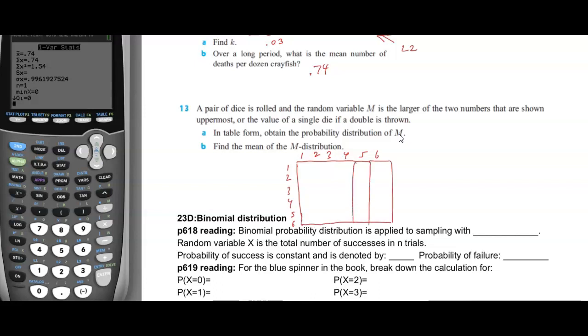Okay, so basically the high number is the result. So for example, whenever you roll a 6, then the result is 6. Whenever you roll a 5, except for when you roll a 6, the high is 5. And so on. You can see it makes a very nice little pattern here, doesn't it?